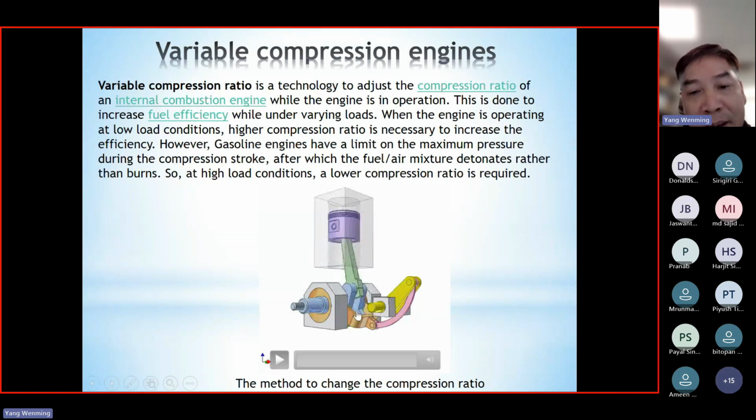As we increase the head of the crankshaft, the compression ratio will be increased. As we drop down the crankshaft, the compression ratio will also be decreased. Correct? So at full load conditions, we can reduce the compression ratio. At partial load conditions, we can increase the compression ratio. By this design, we can make sure the engine is always operating at optimal conditions.